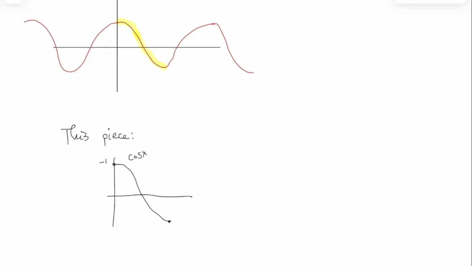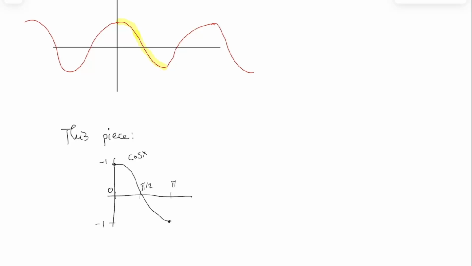Up top is 1 and minus 1. Those are the y values. And then the x values, can someone say what's the x value over here at the end? Of course, it's 0 on the left. It is pi, yeah. Cosine goes down like that at pi. So this over here is pi. And right in the middle is pi over 2. And of course, x equals 0 on the left side.